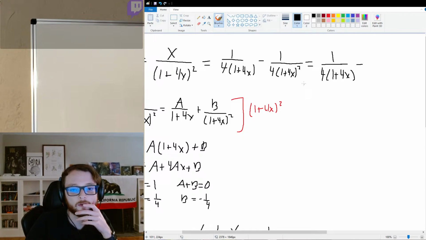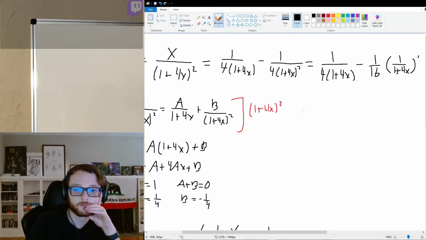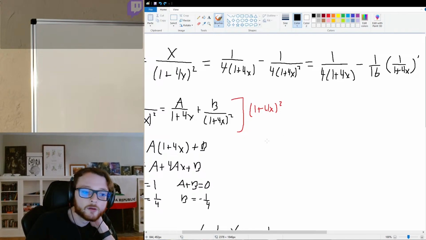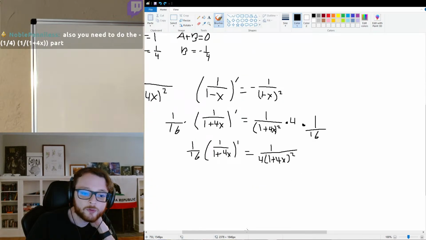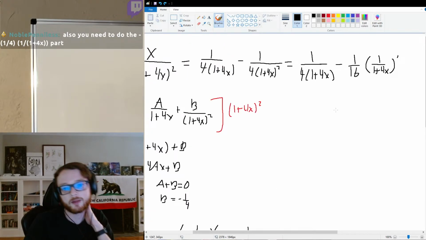Now minus, this is where I'm using the identity. 1 plus 4x prime. That's what I said, right? Yeah. So all I did was substitute this out for the thing that we just found. Oh wait, did I mess up with the minus the fourth? No, I included the fourth.